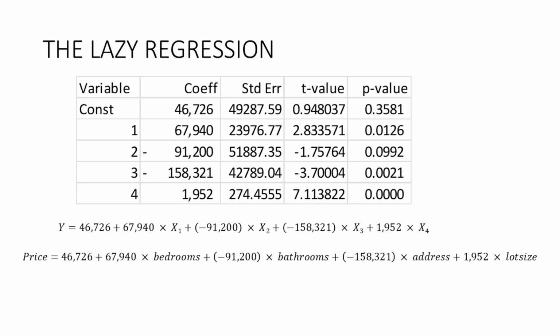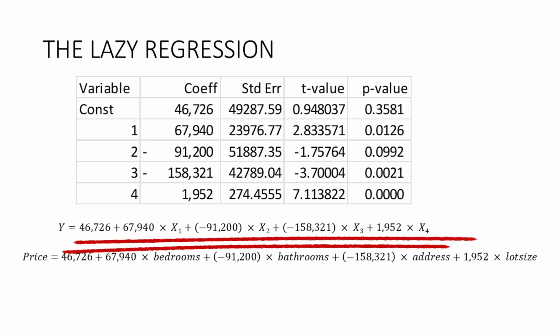Now here are the results of the lazy regression, and we present the formulas below to translate the tabular results in equation form. So the coefficients are 46726, 67940, and so on and so forth for each of the variables, and then they're represented below with the equation.